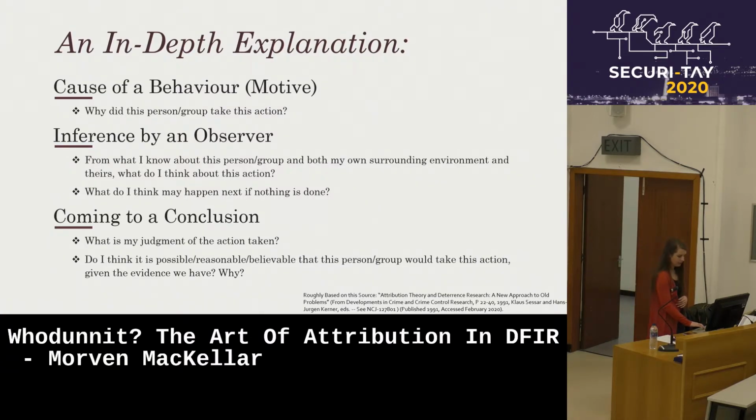So basically first, what is the root cause or the motive for this behavior? Why has this person, or group, chosen to do this? For example, say we have a case where a company has had ransomware deployed on their network.